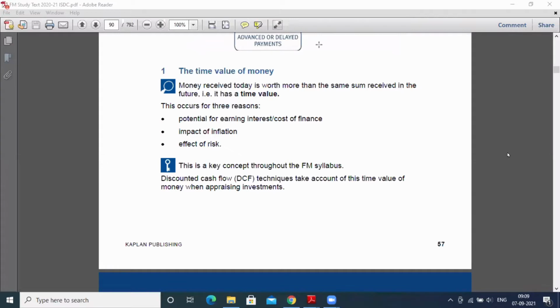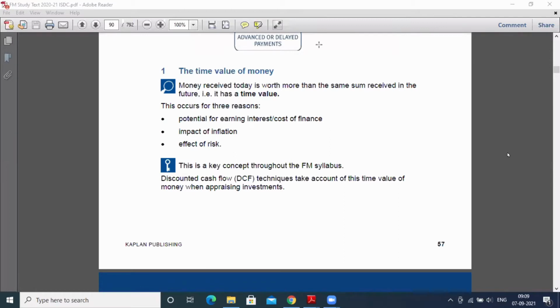But if I sacrifice my present purchasing power and give the amount to you for a period of 3 months, after 3 months it is not necessary that I will get the same property for 1 lakh. There is a possibility that the price might increase. So inflation is one reason, and the other is the effect of risk.